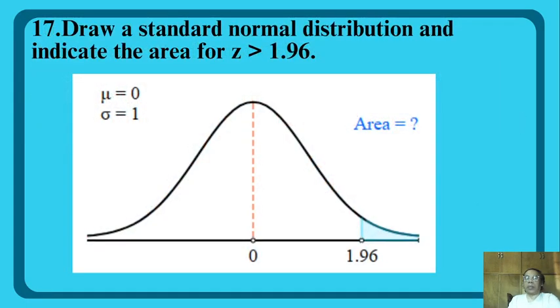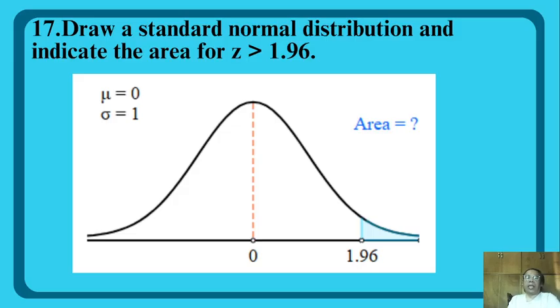So practice problem number 17. Draw a standard normal distribution and indicate the area for z greater than 1.96. So this is a standard normal distribution. As you can see, our mean is 0 and our z is 1.96.